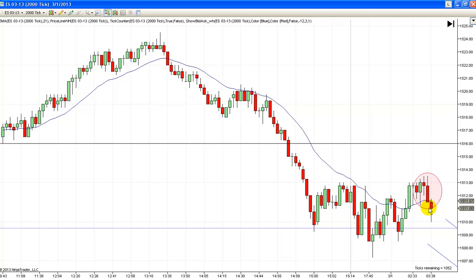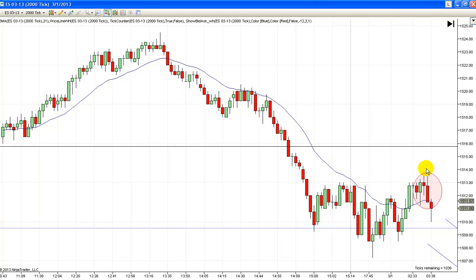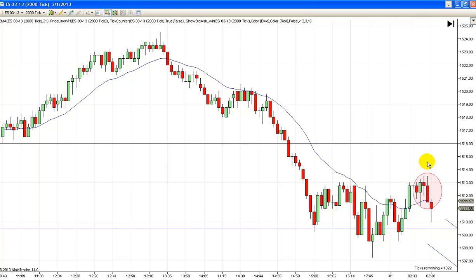So now we're short, and I use the trade strategy so it automatically puts my stop at 2 points. And if that 2 points is more than a tick or two above that signal bar, then I tighten it up. And again, I like to use 2 ticks if I've got room. If I don't, I use 1 tick. The reason we do this is because the price action itself is helping protect our stop.